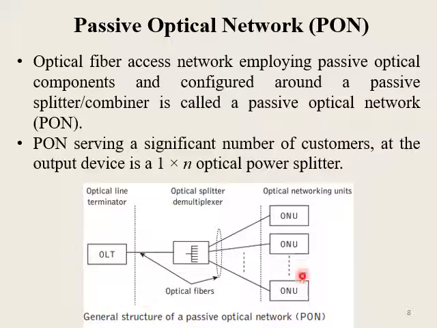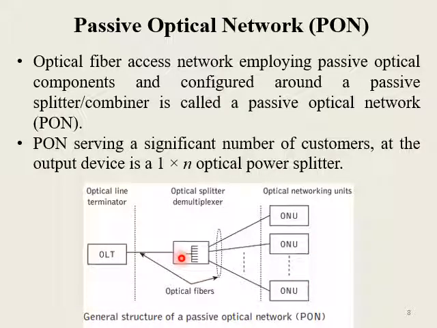So PON, the general structure of which is shown here in this diagram. The PON can be formed with the help of an optical fiber access network. So a PON, that is a passive optical network, serves a significant number of customers at the output with a 1 cross n optical power splitter.